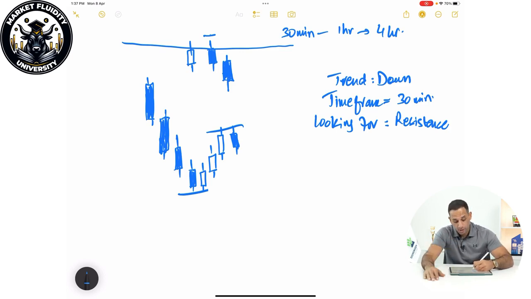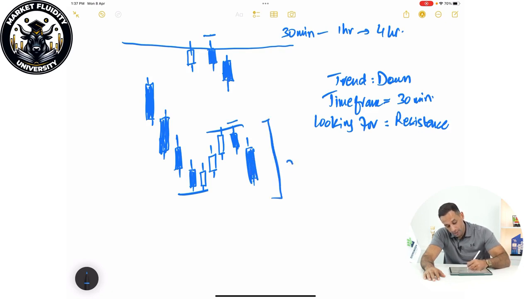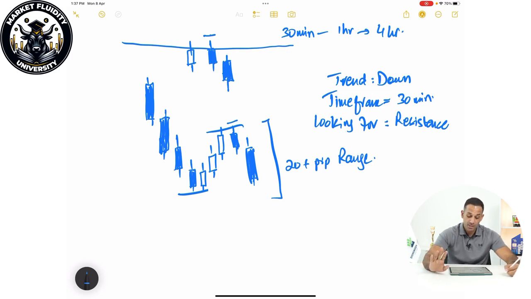I'm going to have my stop loss above the previous candle and expect the next candle to continue to push down, provided this is a 20 plus pip range. That's what you're looking at. This is the perfect world example to trade the trend. If someone asks you how do you trade the trend, it's simple. You say, okay, first you've got to look at whether we're trending down or whether we're trending up.